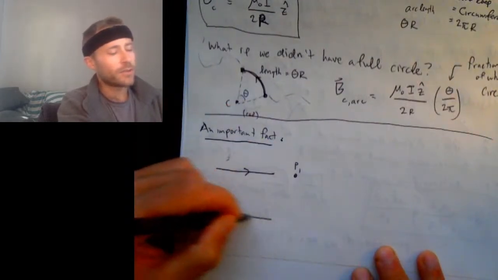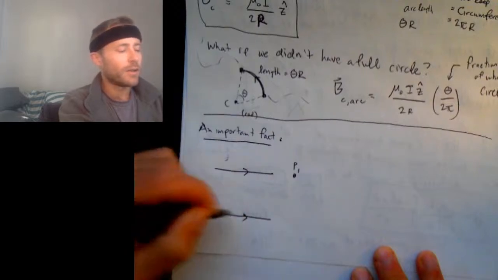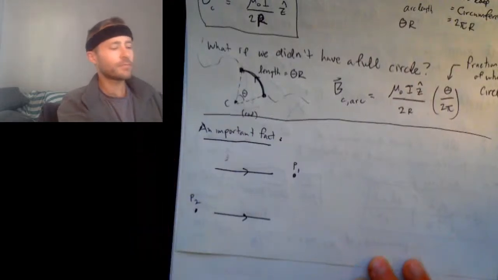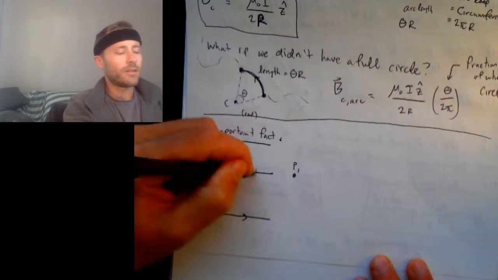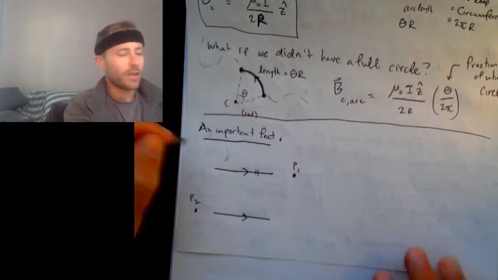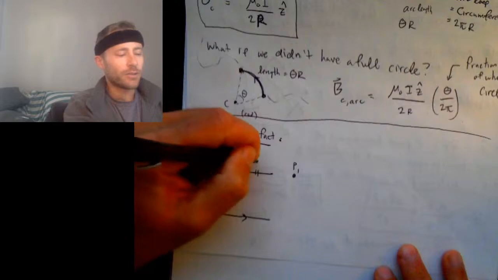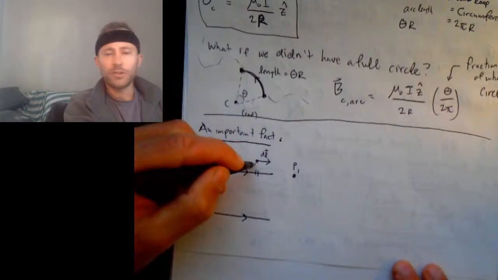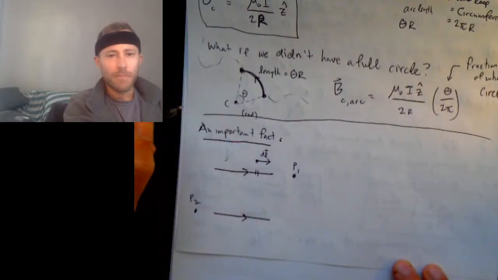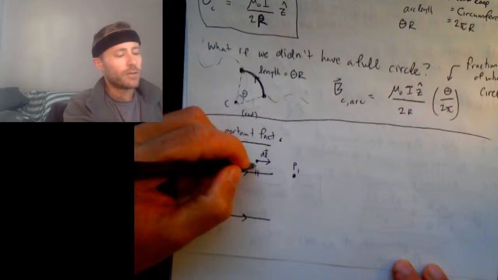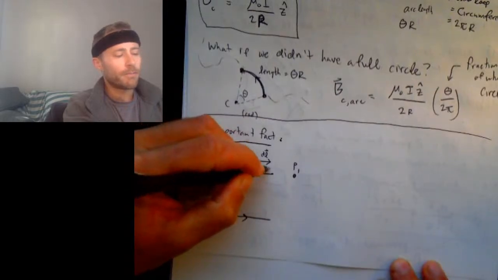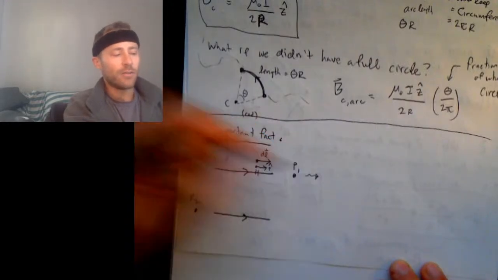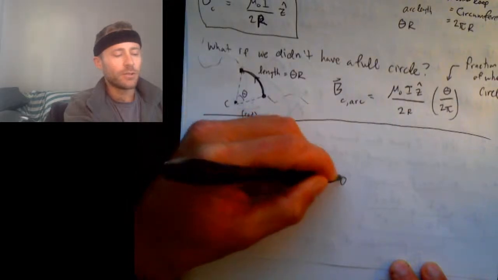Or what if I want to calculate the magnetic field here at P2? Well, let's take a section of the wire, and its dl vector is going to point to the right. And then its r hat vector is going to point also to the right. So what that means is that the angle is 0 degrees in this case.